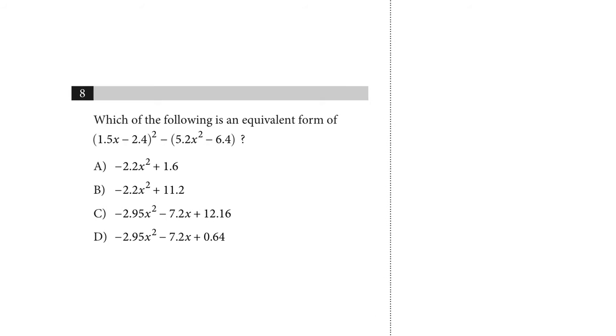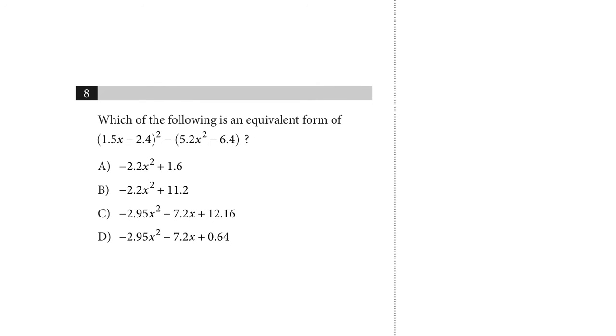Which of the following is an equivalent form of this? Alright, so okay, this is the whole square and this is just squaring this. So we need to find 1.5 squared. 15 times 15 is 225. So we'd have 2.25x squared, minus we'll have 2ab, right?